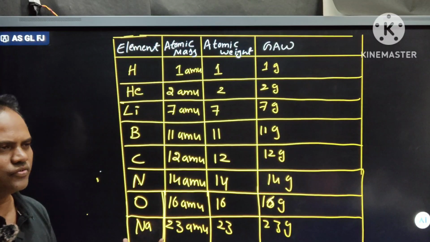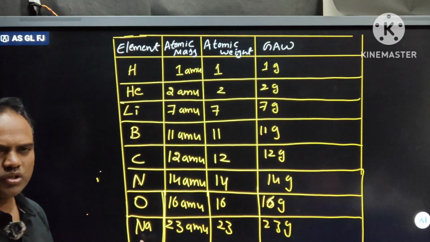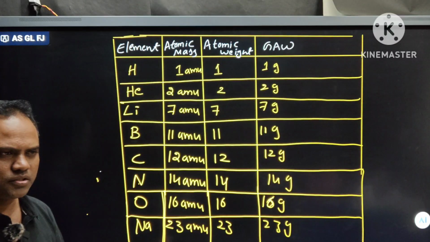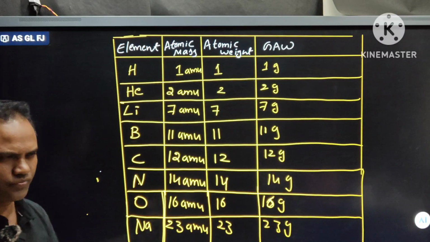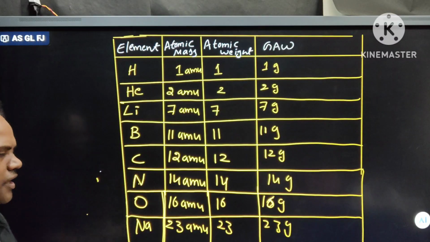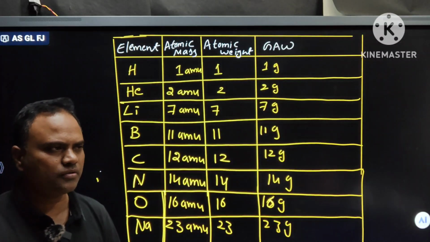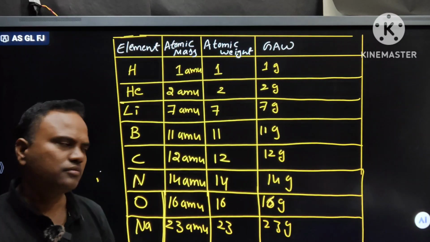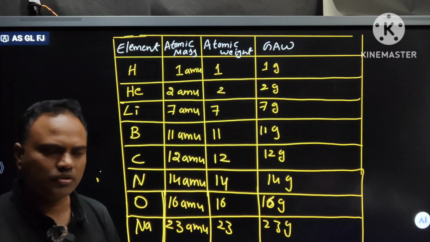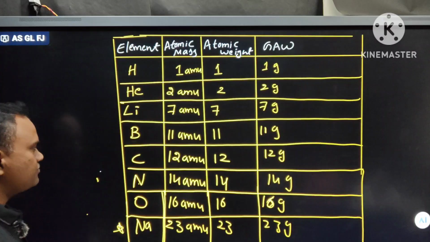Not for odd numbers in general, only for a few elements. Sodium is 11. 11 plus 11, 22, add 1. For example, nitrogen atomic number 7. 7 plus 7 takes directly 14.